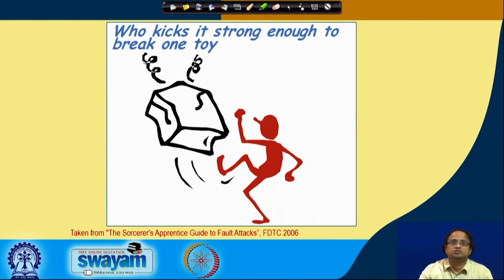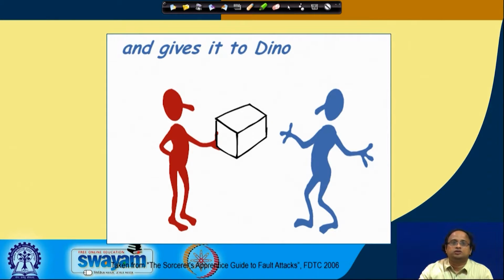The fact that he is able to break exactly one toy is what is called fault controllability. Just as when we do online transactions, it is assumed that if a broken item is received, then we do not pay for it.